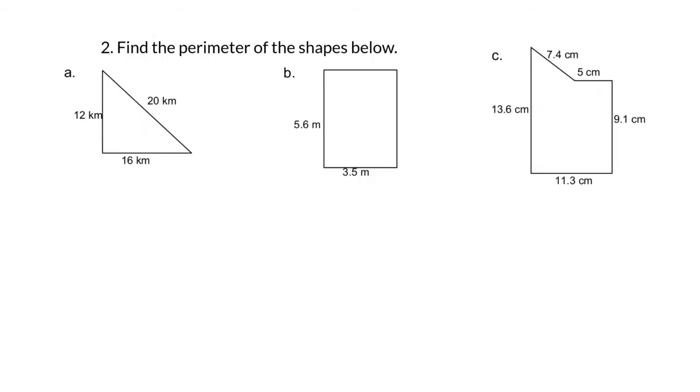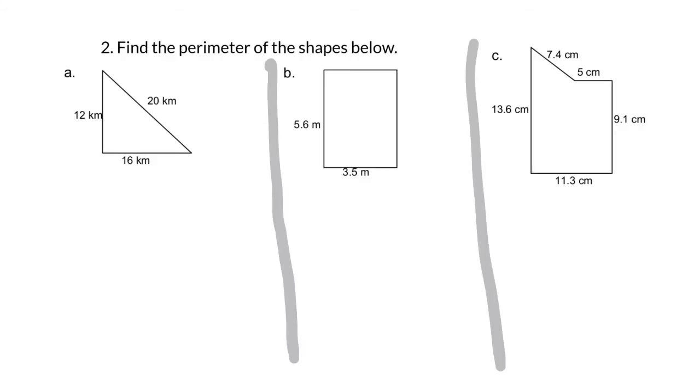All right, right now I want you to make sure you copy down each one of these questions as I do them, so that you have an idea of how to do these problems. For number 2A, it asks us to find the perimeter of that shape. Based on this basic shape, it's just a triangle with 3 sides, so we write P is equal to, and we just add up all the sides.